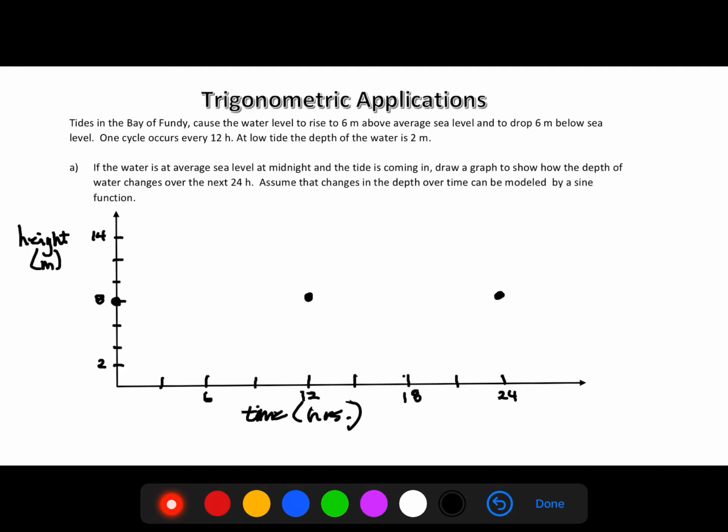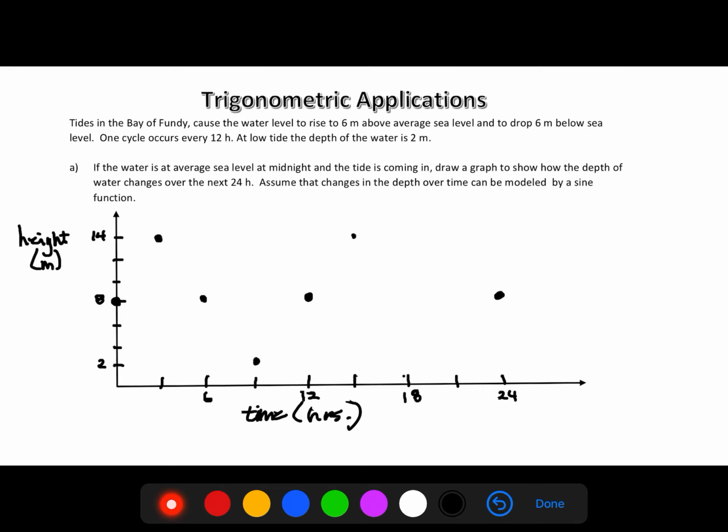It's going to go up 3 hours every time. So at 12 hours, we're going to be back to the middle, and at 24 hours, we're going to be back to the middle again, because each cycle takes 12 hours. That means that it's going to be at its max at 3 hours.